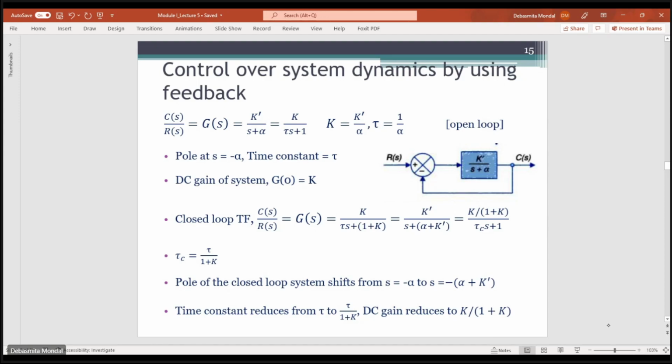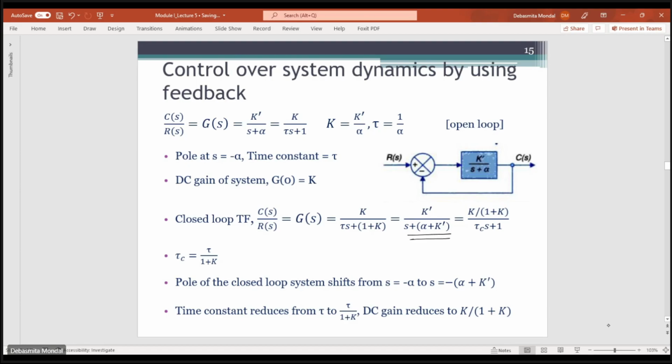If you do the calculation, the transfer function becomes K by 1 plus K, divided by tau C S plus 1, where tau C is tau by 1 plus K. This is the overall closed loop transfer function. The pole will be at S equals minus alpha plus K dashed.